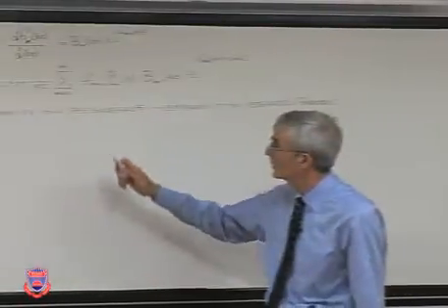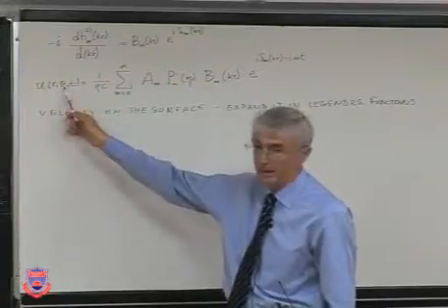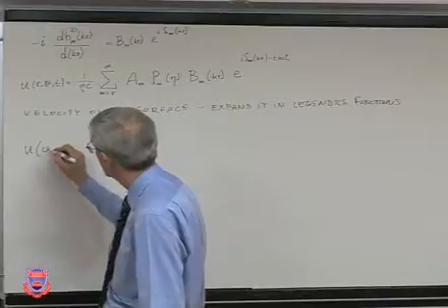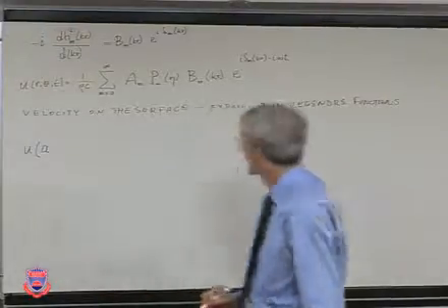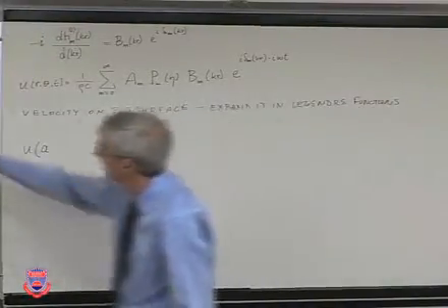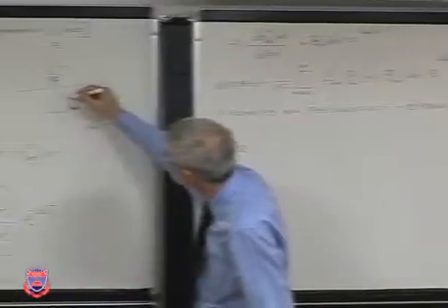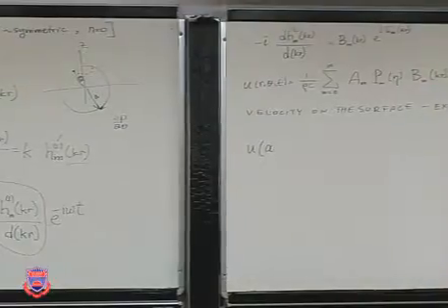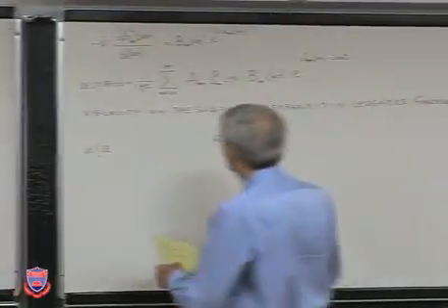Now, the next thing we want to do is look at the angular distribution. So, on the surface means at r equal to a, okay? That's the radius. So, on the surface, how is the velocity distributed in an angular form?